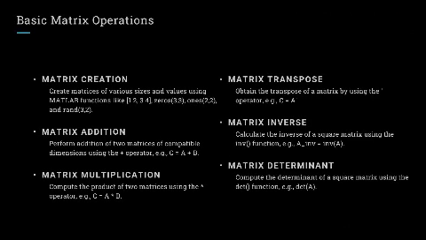Now we have many basic matrix operations that we can use in MATLAB. For example, one of them is matrix creation. Creating matrices in MATLAB is very straightforward. You can pretty much initialize matrices filled with zeros, ones, or random numbers.